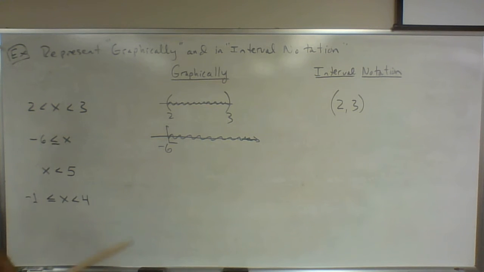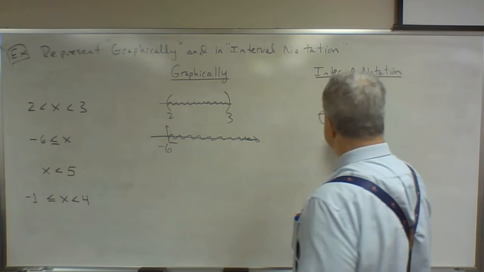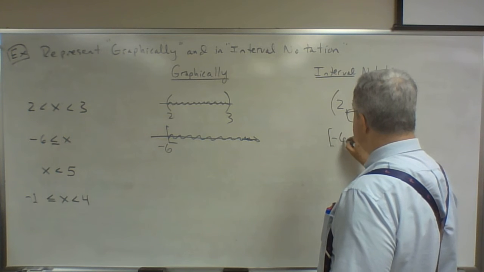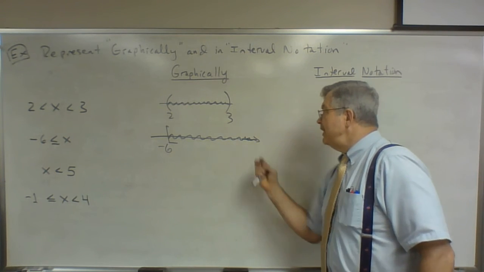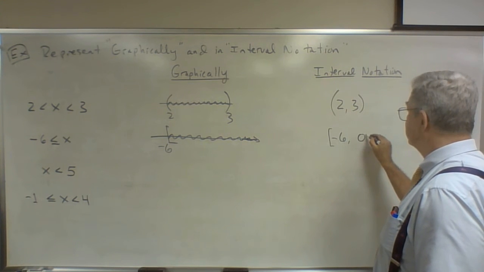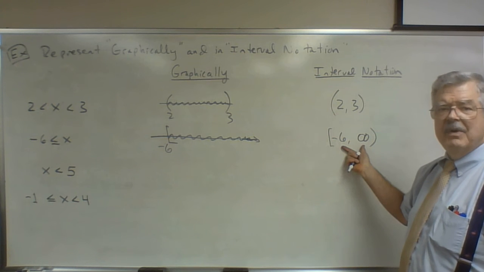Our interval notation will mimic the graph. Square brace next to negative 6. The graph goes all the way to infinity. And so we represent that in interval notation this way.